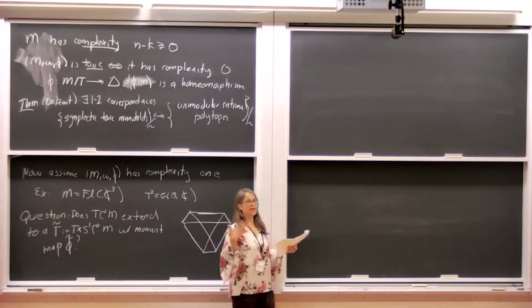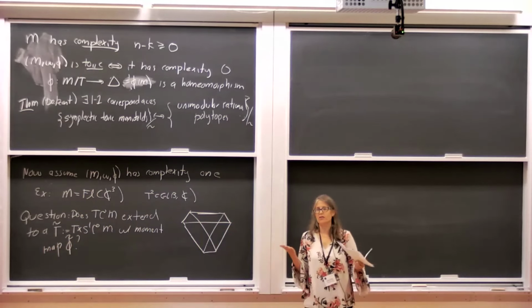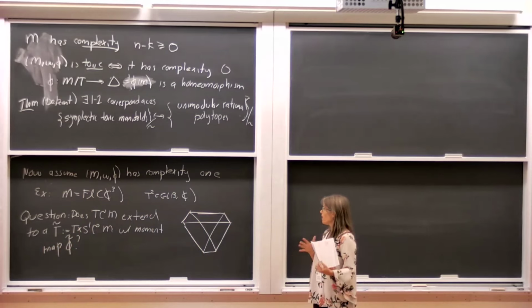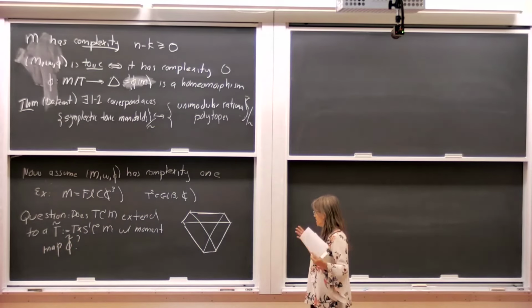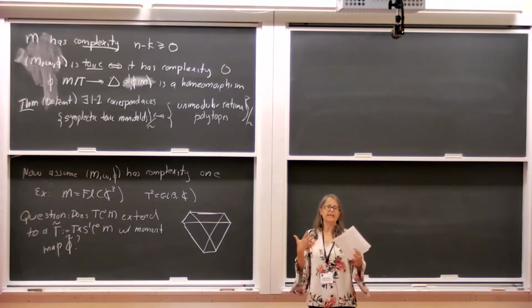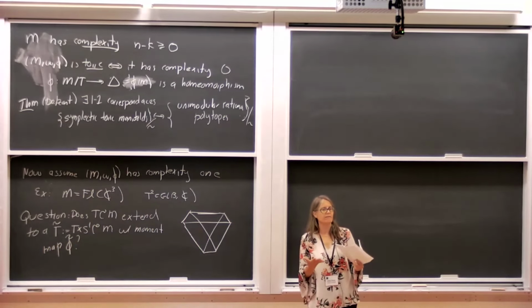So right, can we add another circle, basically, and make it a toric variety? This is a little bit different than what I believe was happening in Lisa's talk. You can ask where any torus acts. I'm not asking that. I'm asking, can I extend the torus I already have?